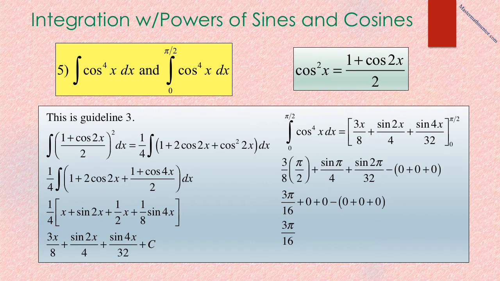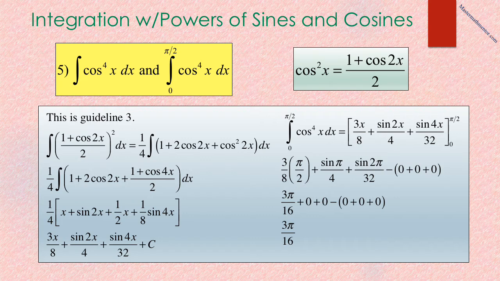And when we expand this expression, we can write this as 1/4 the integral of 1 plus 2 cosine of 2x plus cosine squared of 2x dx. Now, we can write this as 1/4 the integral of 1 plus 2 cosine of 2x, and we can write the cosine squared of 2x as 1 plus cosine of 4x all over 2 dx.